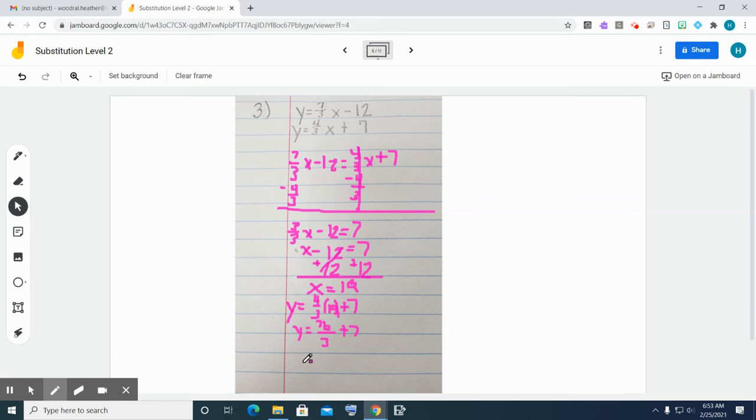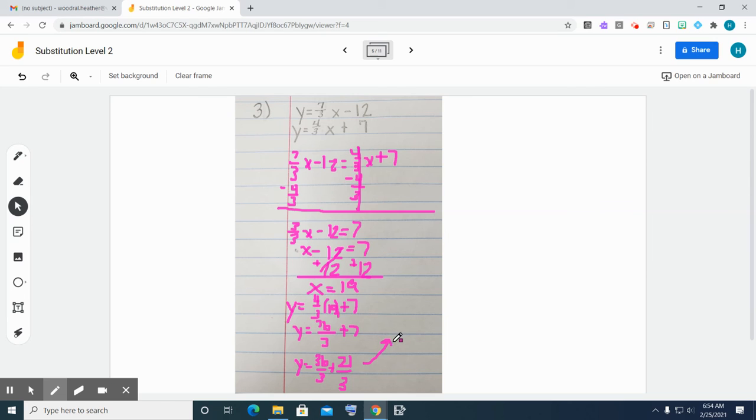Okay, then you're going to add those two together. So to do that, y is equal to, we're going to keep the 76 over 3. I'm going to turn my whole number there into a fraction. So I need a denominator of 3. That means I'm going to multiply 7 times 3, which gives me 21, over 3, so my denominator is 3.